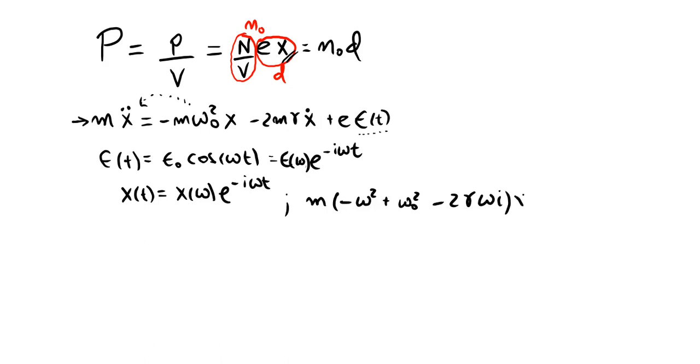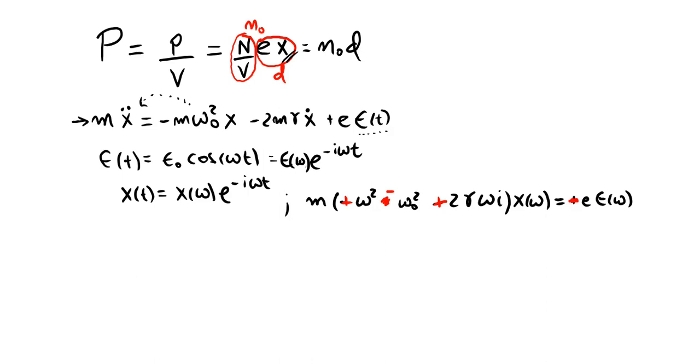Then this is all multiplied by x of omega. This is going to be equal to plus E and the field. But then I'm going to cancel these signs here, so I'm going to put this as plus, this is going to be minus, this is plus, and this is minus now.